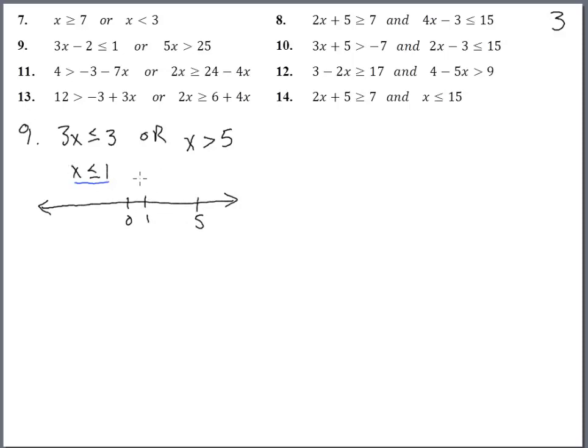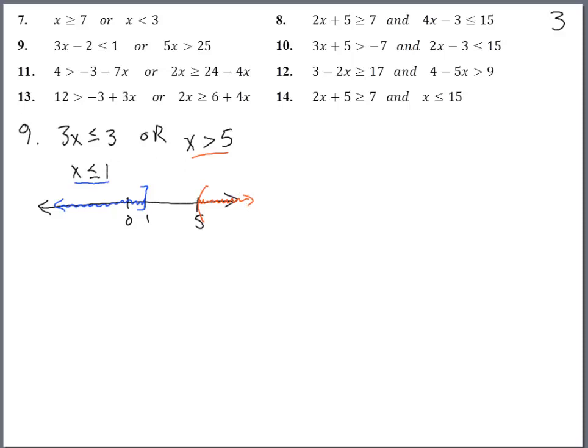This guy be here, and it's right there, and then this other one, and here we have an open circle all the way up that way.